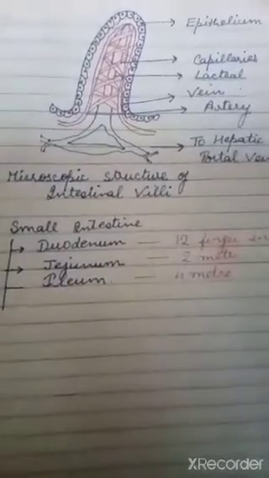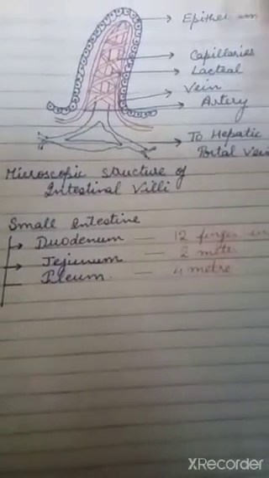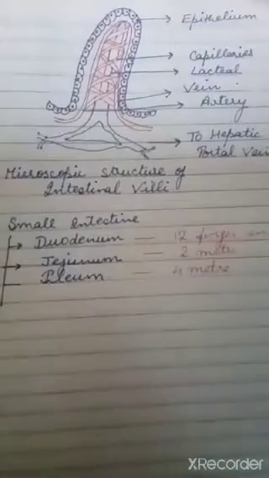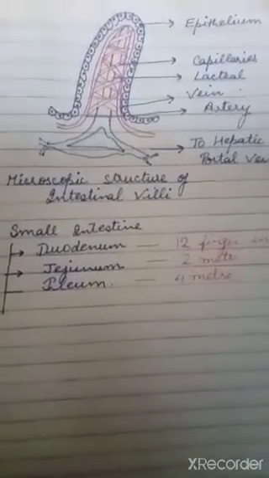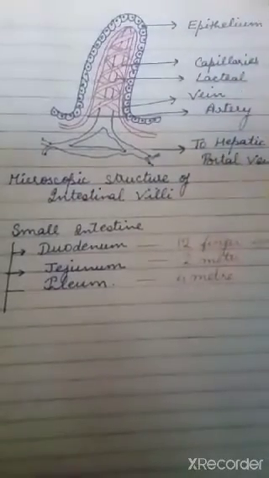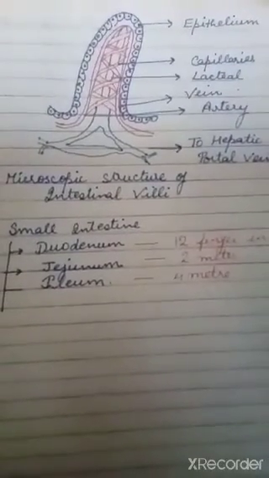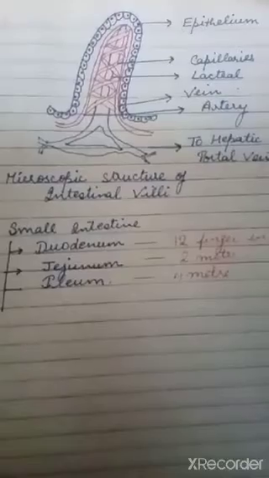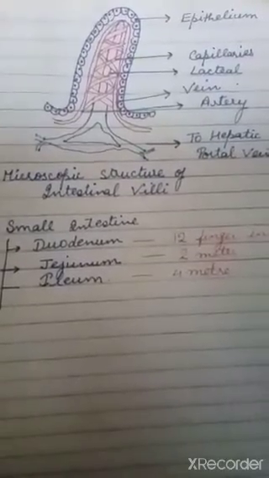After death, when a postmortem is done, scientists have found that the jejunum remains empty. And the last part, the ileum, is 4 meters long, and it helps in rolling of the food.